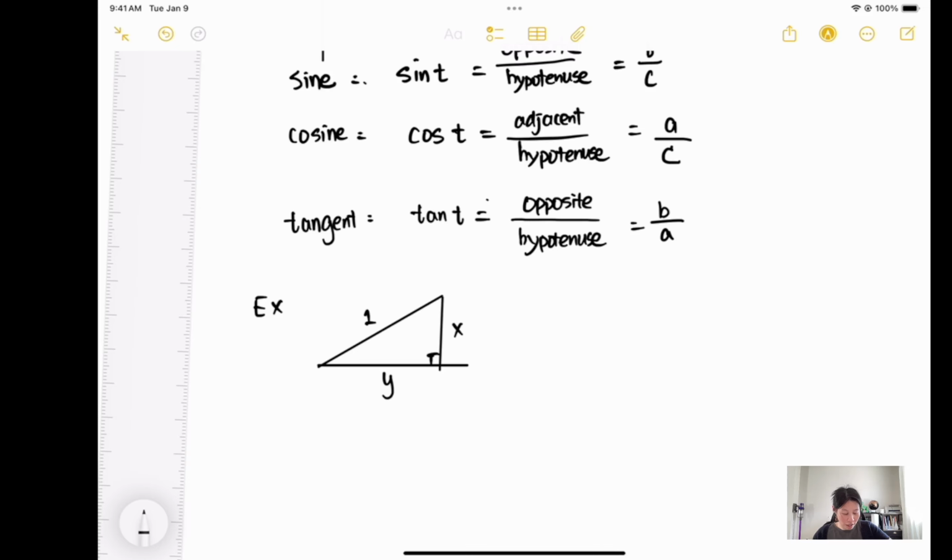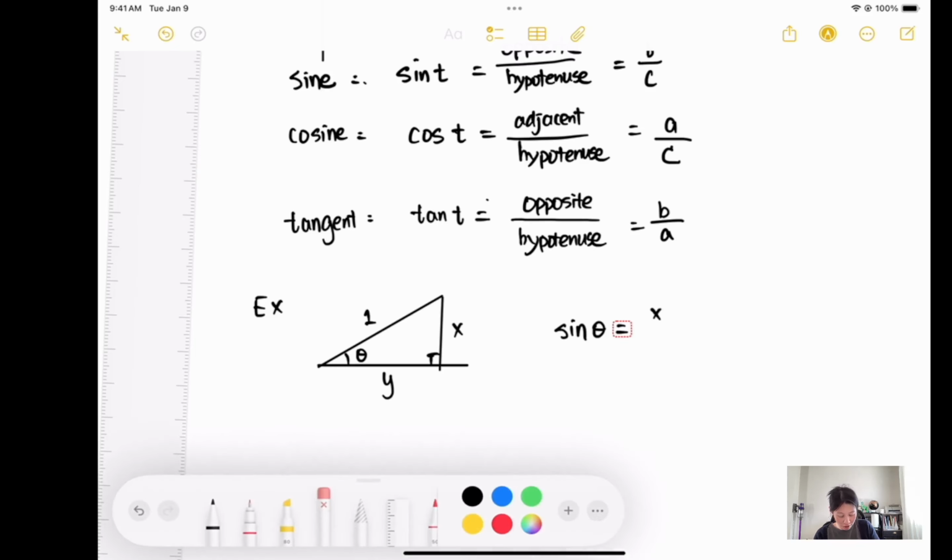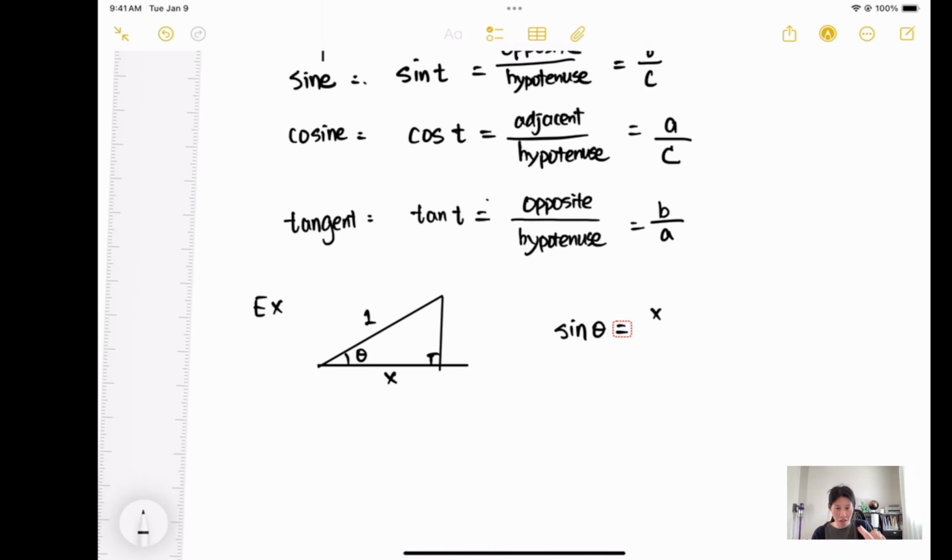So now sine theta is equal to the opposite side over the hypotenuse. Sorry, the opposite should be x because this is horizontal, and here's y because that's the vertical part. So it should be x over 1.